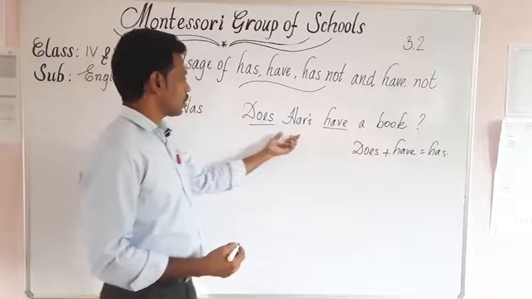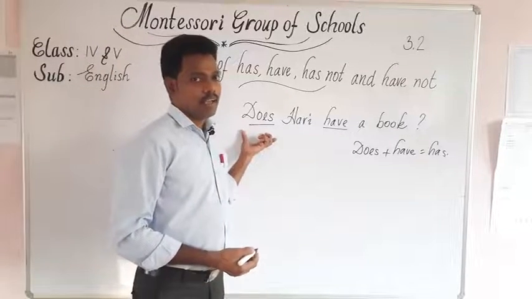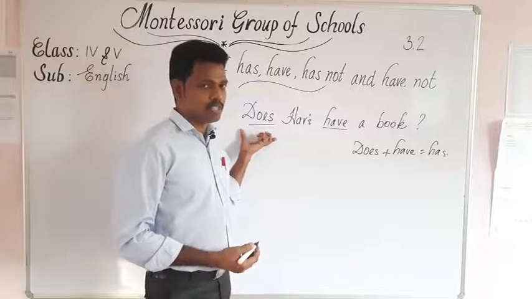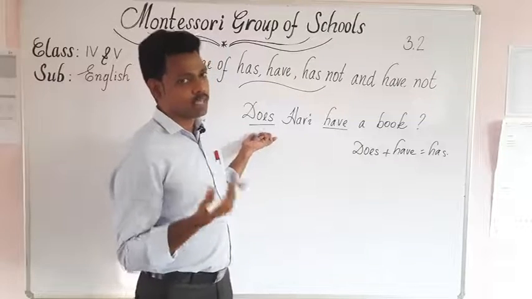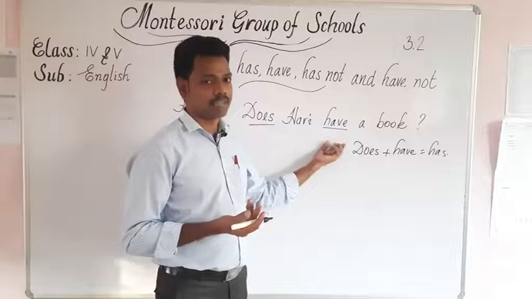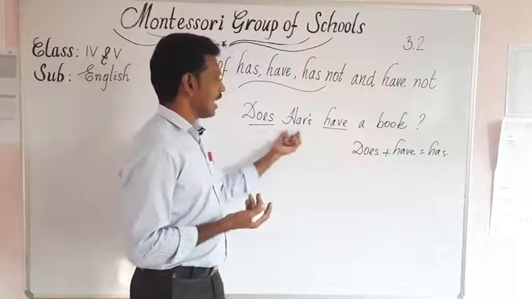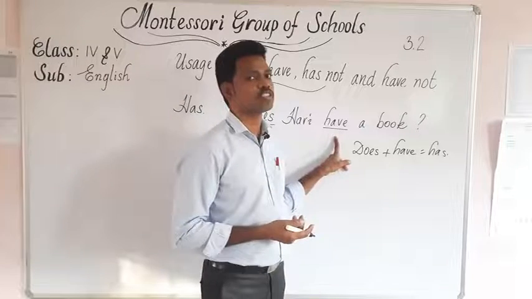Why it became does have here? So here also you have to keep in mind it is the possessive case. When it comes into the case of possessive, we have to split them like do plus have or don't plus have and does plus have or doesn't plus have. So here, does Hari have a book? We can't ask, does Hari has a book? That's wrong.